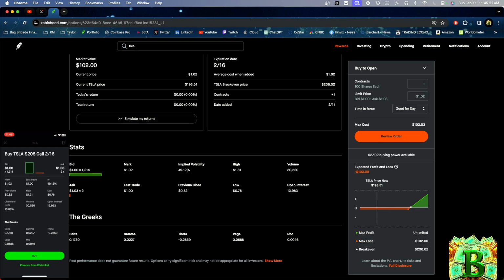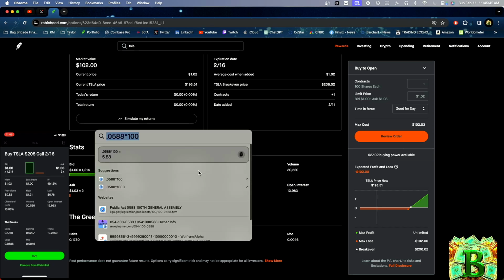This is where the term IV crush comes from, from dealing with big events like earnings and all sorts of things like that. You'll see IV climb and the options gain value, and then the next day after earnings, boom, literally the IV could be cut in half. Now think about that for a second. If this IV gets cut in half to 25%, what did I say? 5.88?